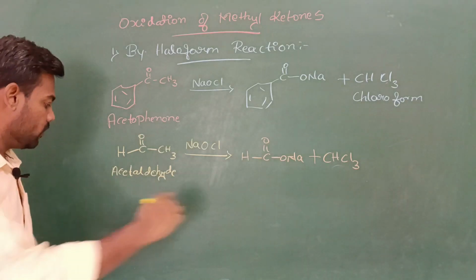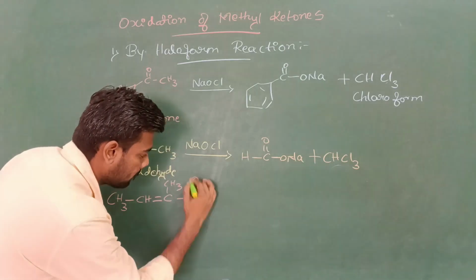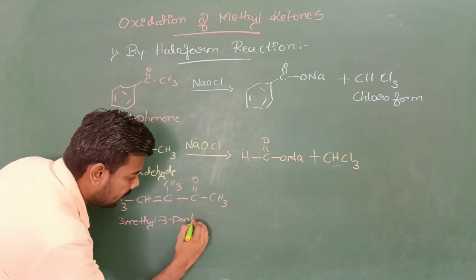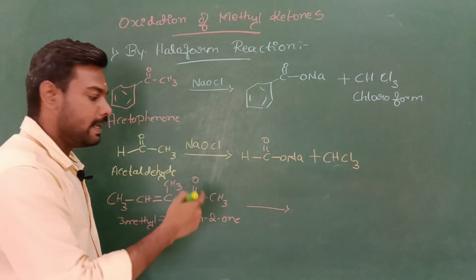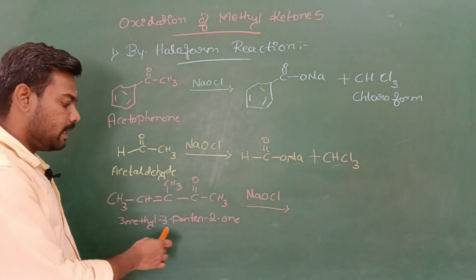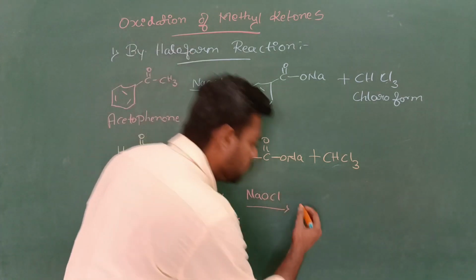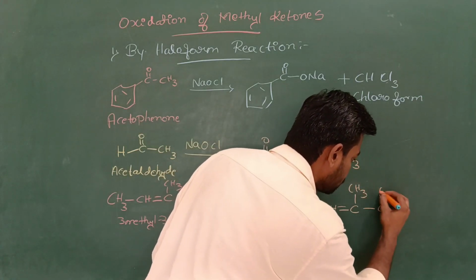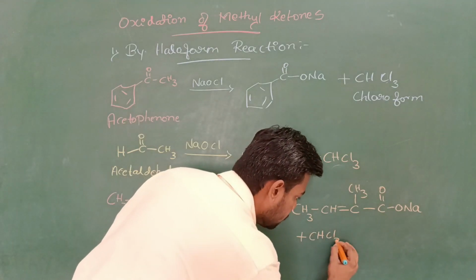For example, 3-methyl-3-penten-2-one, when it reacts with sodium hypochlorite, forms sodium salt of carboxylic acid and CHCl3, which is known as haloform.